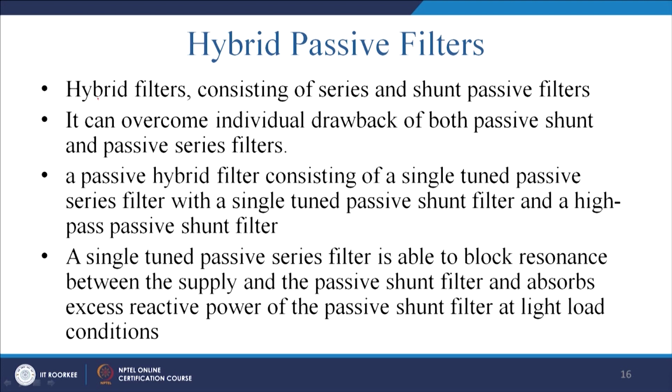A hybrid filter consisting of series and shunt filters can overcome the individual drawbacks of both the passive shunt and the passive series filters. Passive shunt filters have a lower rating, but there is a problem of anti-resonance, and the series filter sees the total rating and its cost is high.